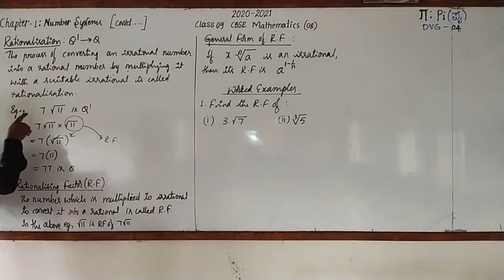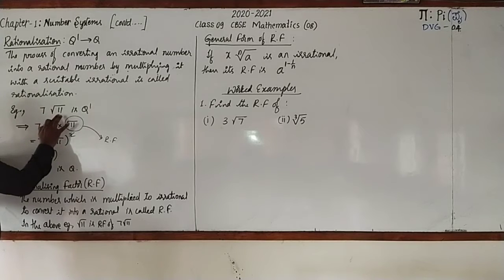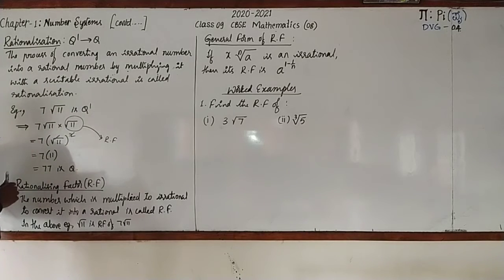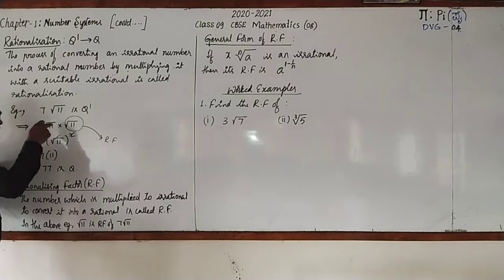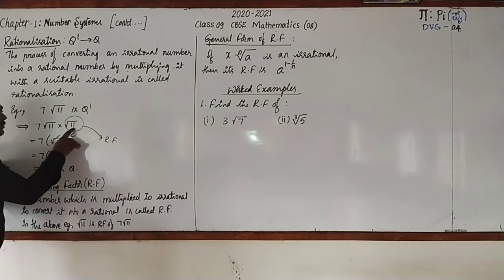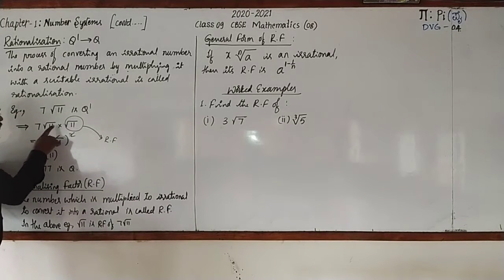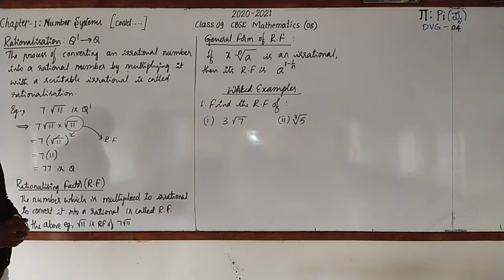Observe it. Here, just for the sake of understanding, I have taken one simple example. 7 into root 11 is irrational. We have to multiply a suitable irrational with 7 into root 11 to convert this into rational. See that I have multiplied root 11. Then root 11 into root 11, the whole square and root get cancelled. 11 will remain. 11 into 7, 77, which is a rational number.